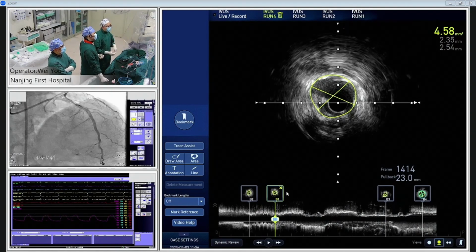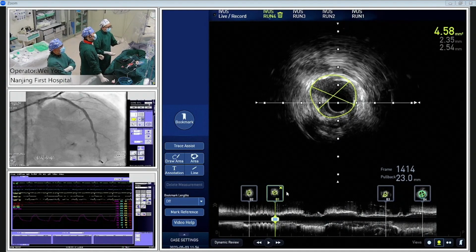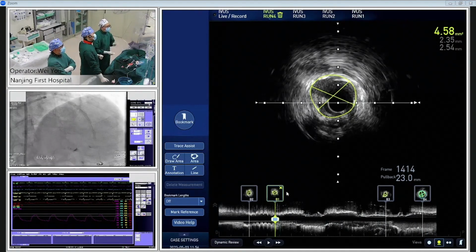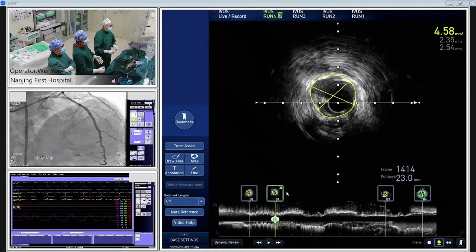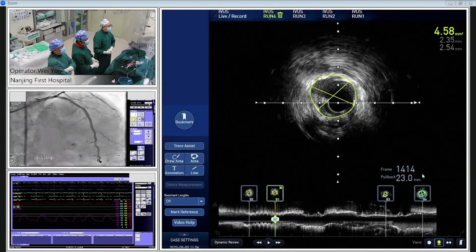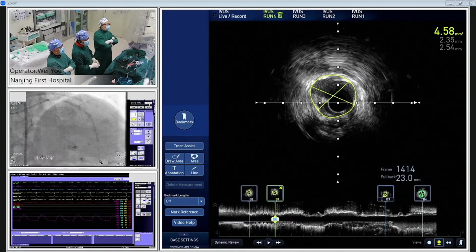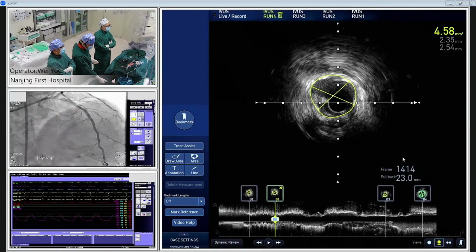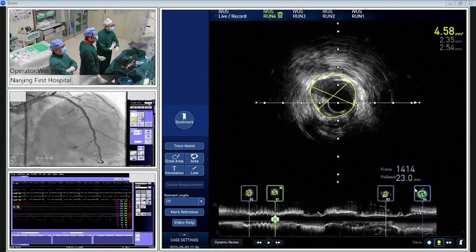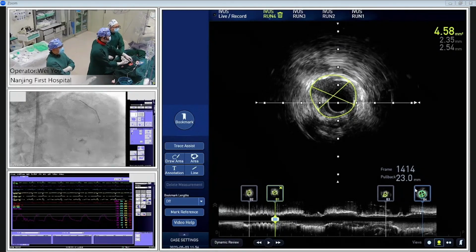So today we used 1.5 just to let the IVL balloon through. IVL seems much safer compared with big size rotablation. You can see the final results just meet the 3 criteria of the ULTIMATE criteria. I think we can finish the case. Thank you all. Thank you very much.